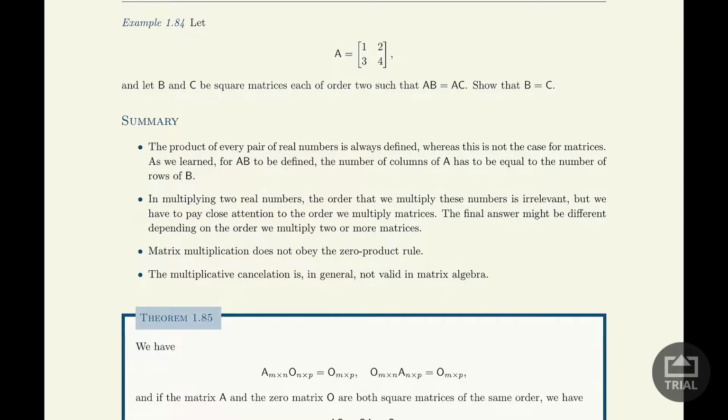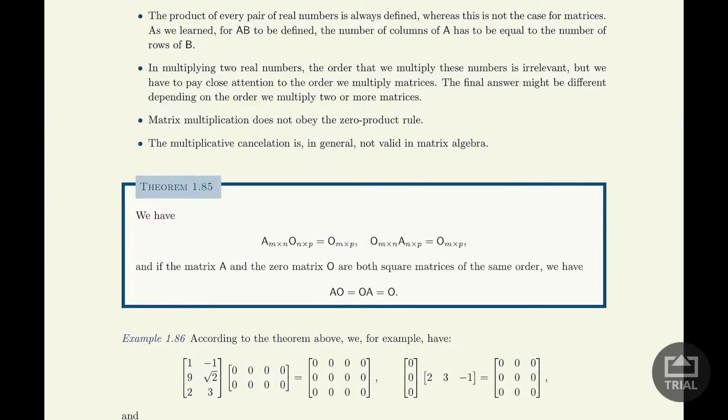But now today we want to talk a little bit about similarities, okay? So the first theorem is probably understandable for everyone. If I have a matrix and I multiply it by the zero matrix, what will happen? Definitely it becomes a zero matrix. But of course you have to match the orders. So if I have a matrix M by N, and I want to multiply it from the left to a zero matrix, that matrix should start with an n.